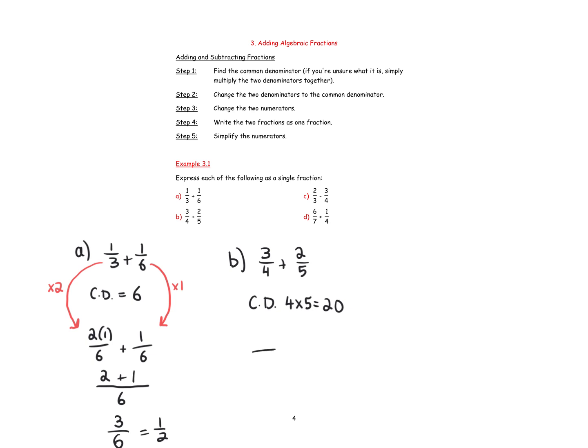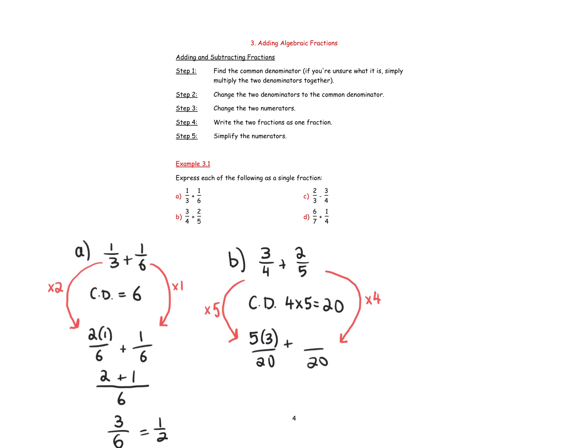Now, we change our denominators to have 20 on both denominators. Then we say to ourselves, okay, well, in 3/4, the denominator went from 4 to 20. So we must have multiplied by 5. So then we have to multiply the top by 5 too. In 2/5, the denominator went from 5 to 20, meaning we must have multiplied by 4.